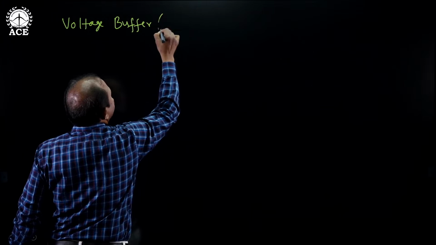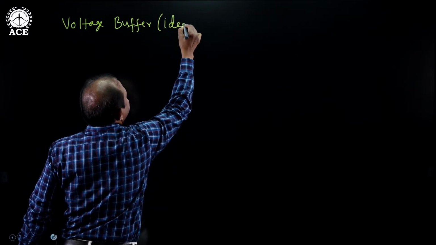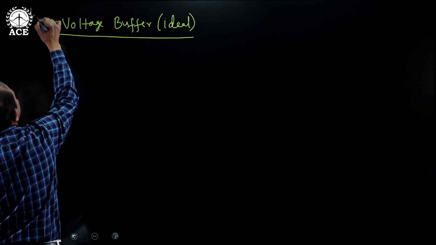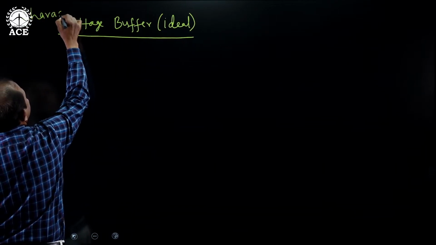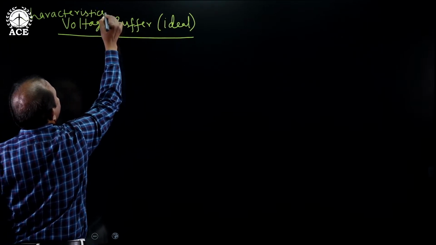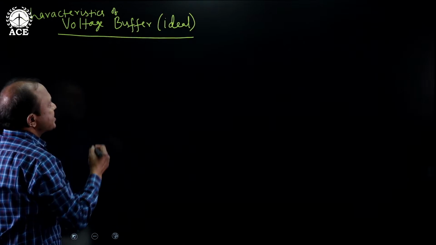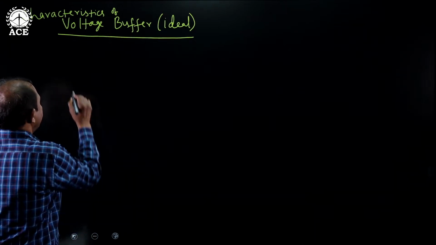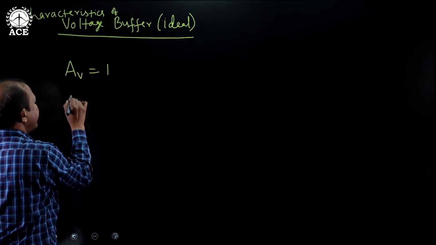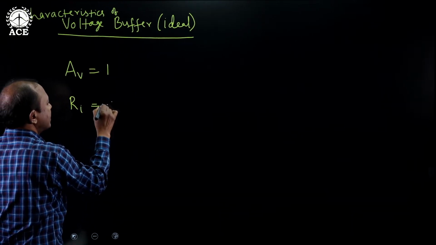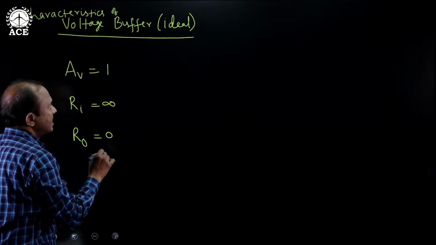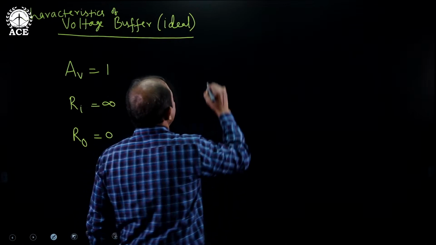The characteristics of an ideal voltage buffer are: AV should be 1, RI should be infinite, and R0 should be 0. This is about an ideal voltage buffer.